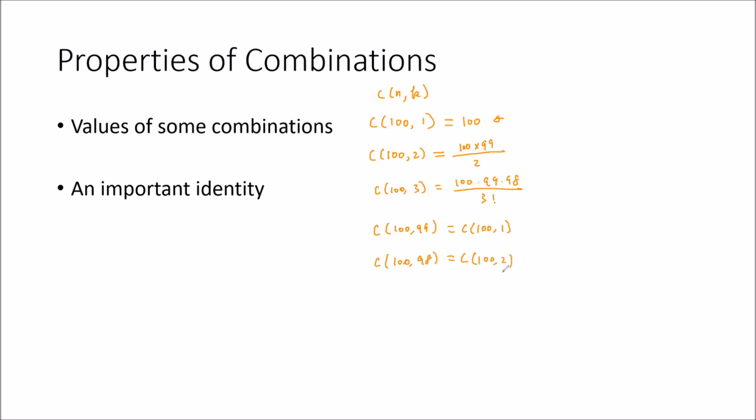When k is neither close to 0 nor close to n, normally we just use the formula n factorial over k factorial times (n minus k) factorial, because expanding them is tedious. The number is really big, so we usually don't ask you to work it out.